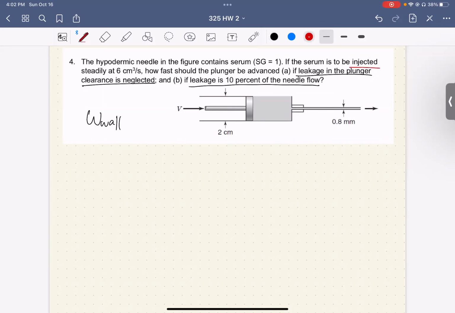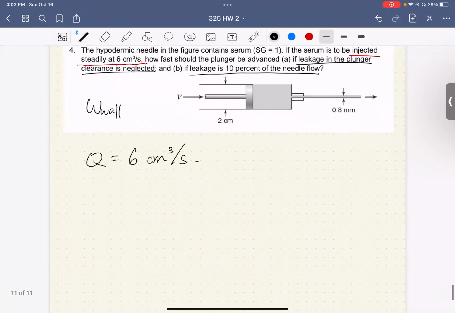Now we also have injected steadily at 6 centimeters cubed per second. Well, that's great. So if it's injected, that means we know the overall flow. Our overall flow, that means, is 6 centimeters cubed per second. What else do we know?